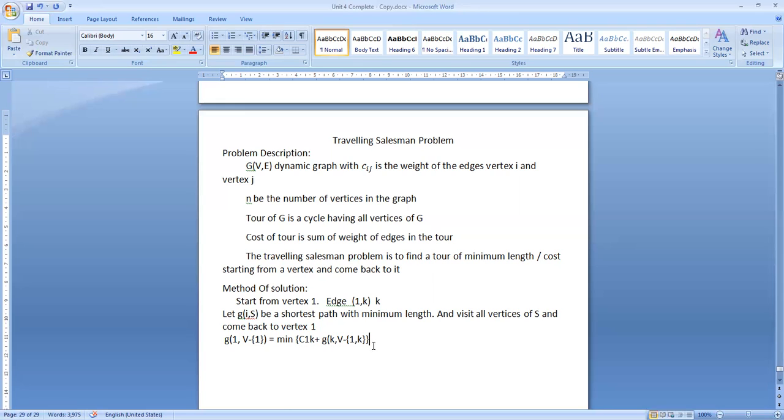When I try to solve g of 1 comma V minus 1, I have to expand this for all the remaining vertices. When we go for some example problems, you will understand these concepts very easily. We go for some example problem.